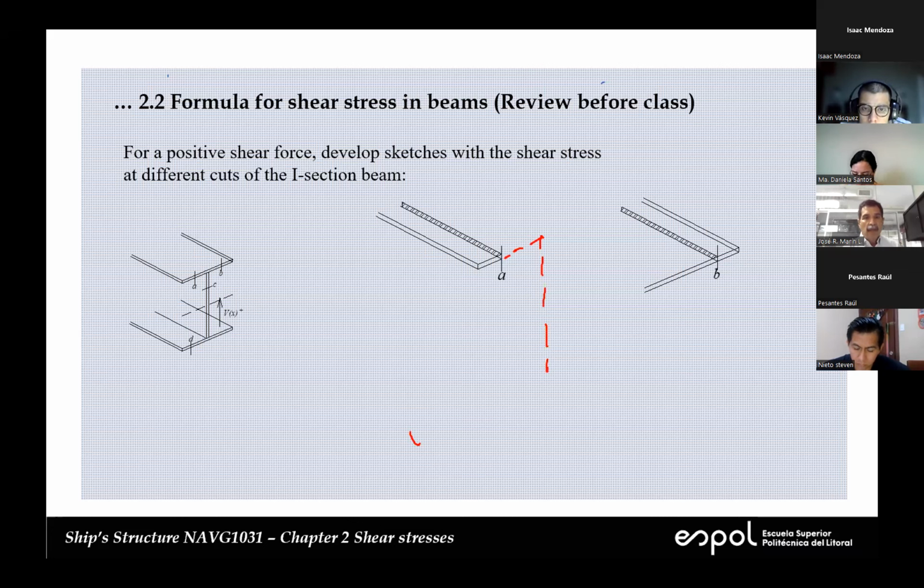As you can see here, down here is the neutral axis. So we go up, up, up, and we go like this. So this is the position S, and in this direction, that's the positive S. So this face is positive or negative?